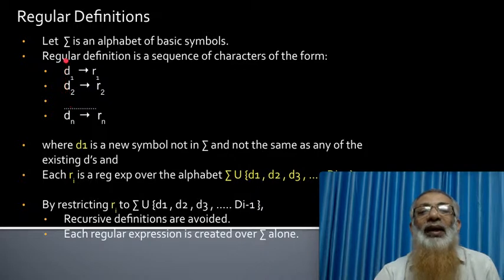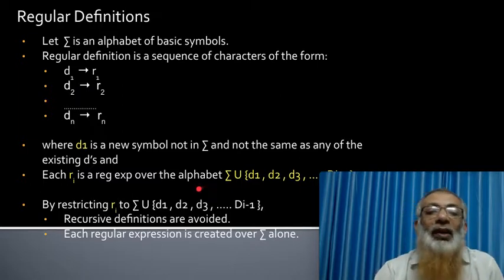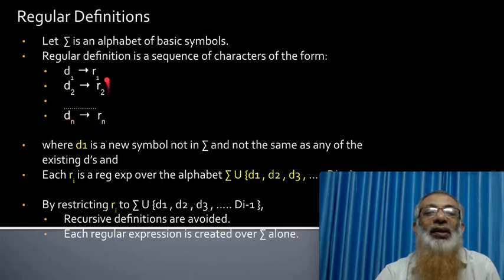So this D1 will be part of Rn. That's what is meant by the second statement. Now, since we are restricting Ri to this set, the alphabet of the language union D1, D2, D3 up to Di-1, we cannot have a recursive definition when we go for regular definitions. Recursive definitions are not allowed.